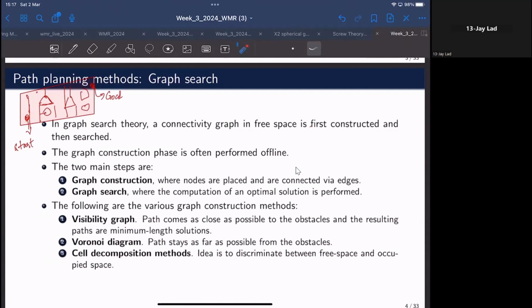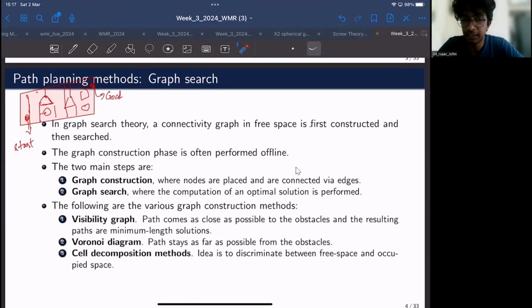One of the advantages is that since the robot is not really afraid to come as close as possible to the obstacles, it can more often lead to the shortest distance path. As the robot is free to move as close as possible to the obstacles, it can end up with the shortest path solutions. It can easily find the shortest path solution if that is your priority.